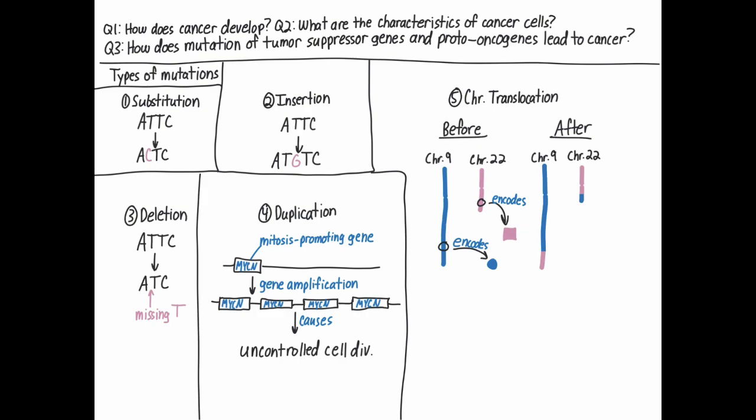Or, as shown here, if the break occurs in a way that puts one gene right next to another gene, this could result in a gene fusion. These genes might be expressed as one single gene and encode what we call a fusion protein, which has parts of both proteins that each gene encodes.